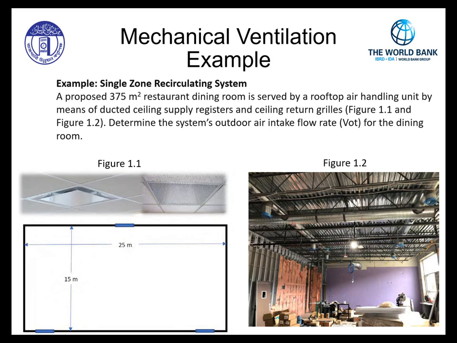Figure 1.1 shows the ceiling with finished diffuser and return grill, both located on the ceiling. Below the ceiling, figure 1.1 gives the dimensions of this particular dining room area: 15 meters by 25 meters. We're going to determine the system's outdoor air intake flow rate, which is V sub OT, for the dining room.